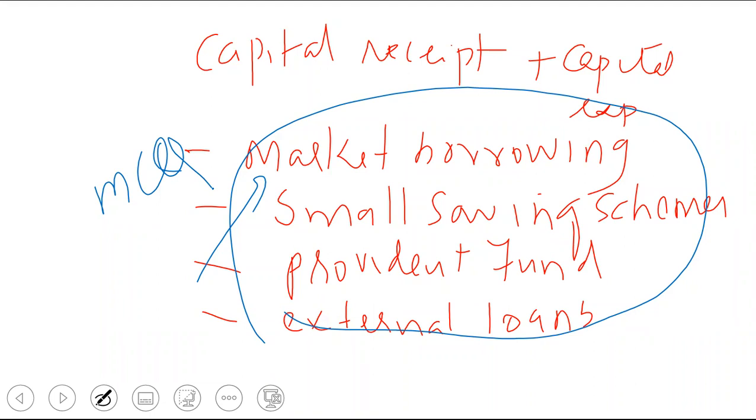First one is market borrowing. What do you mean by market borrowing? The Government of India is borrowing from the Japanese market. They are borrowing 500 crore. That is an example of receipt, because when we borrow, we get the money. At the time of borrowing we get the money, and it goes to the credit side. So that is an example of receipt. At the time of returning, it will go to the expenditure side.